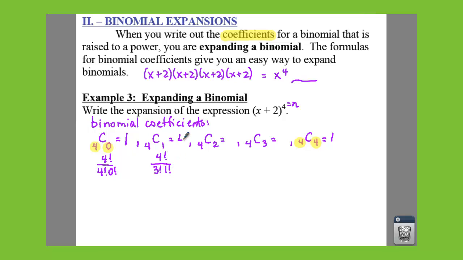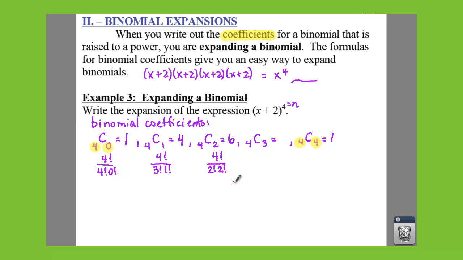So you're going to have a 4 divided by 1, which gives you a 4. Now if we have a 4 factorial over 4 minus 2 factorial times your r, which is a 2 factorial, 1 and 2 cancel. Really on the bottom you just get a 2, and on top you get 4 times 3, which is just a 6.